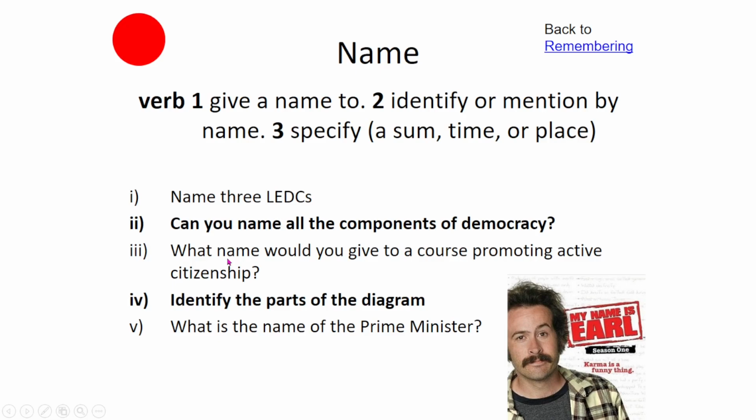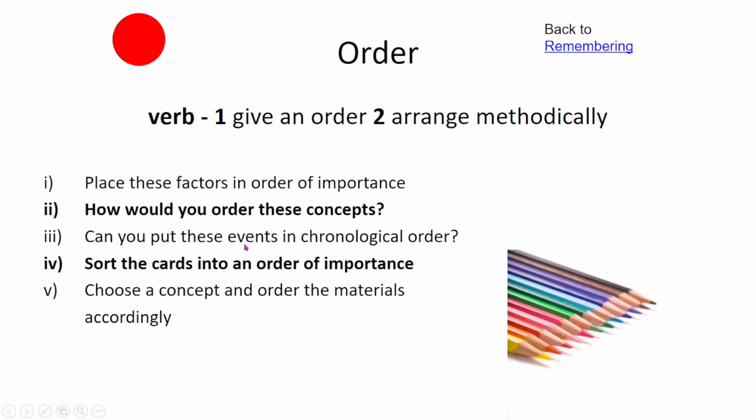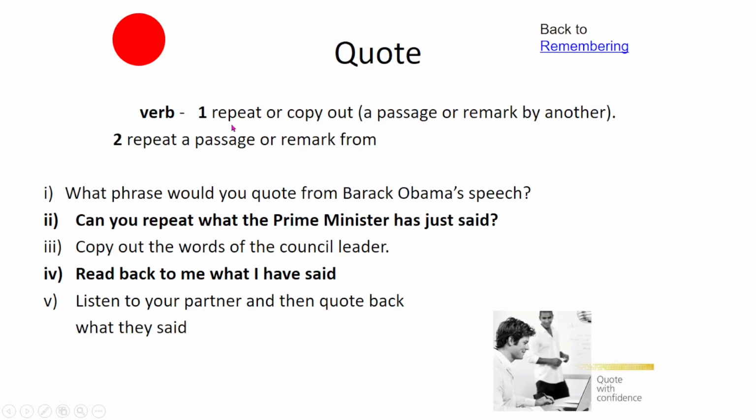Next is order. Order: give an order, arrange methodically. Place these factors in the order of importance. How would you order these concepts? Can you put these events in chronological order? Quote: quote means repeat or copy a passage or remark by another.